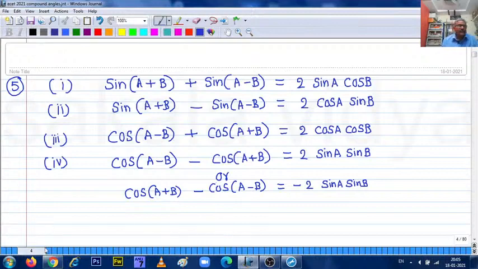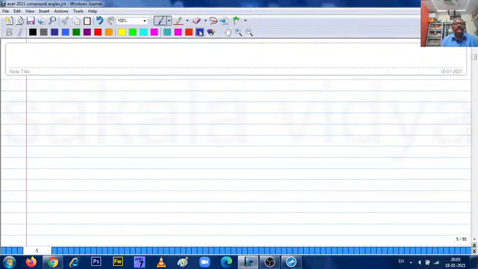Next, the sixth set. In that, the first one is very important. Based on these formulae, we definitely get one problem in the examination, in any entrance examination, be it ECET or EAMCET, whatever it may be.